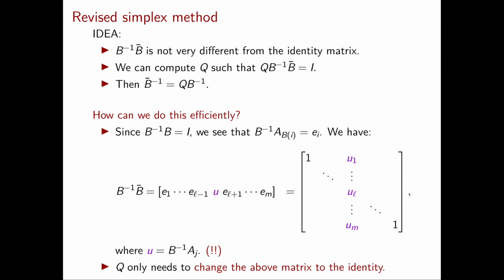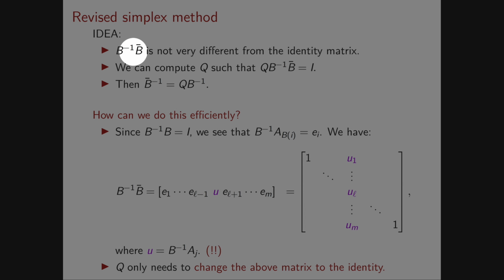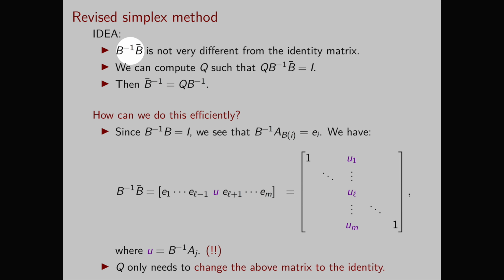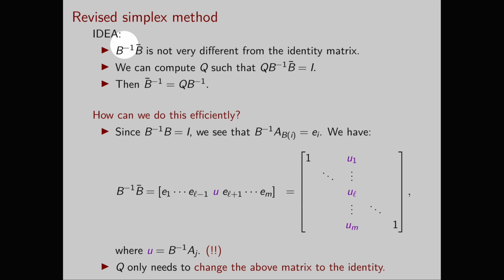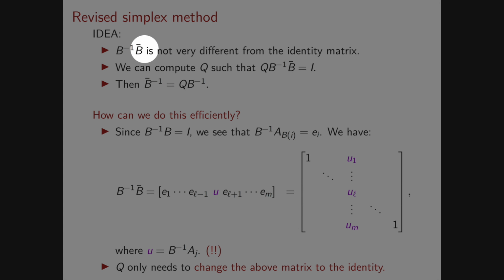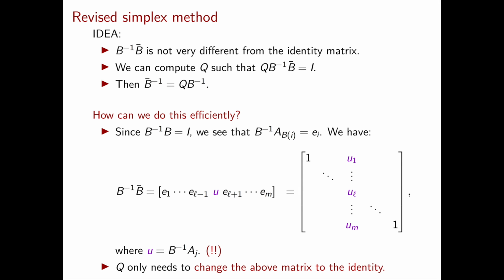How exactly are we going to compute B bar inverse efficiently? The first thing that we're going to do is to observe that B inverse times B bar is not very different from the identity matrix. And this is because, as we have just observed, B bar is not very different from B. And of course, B inverse times B is equal to the identity.